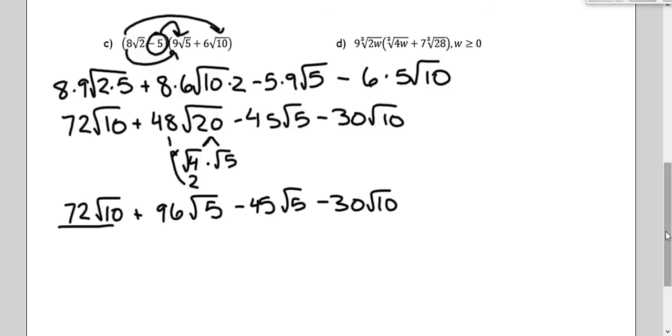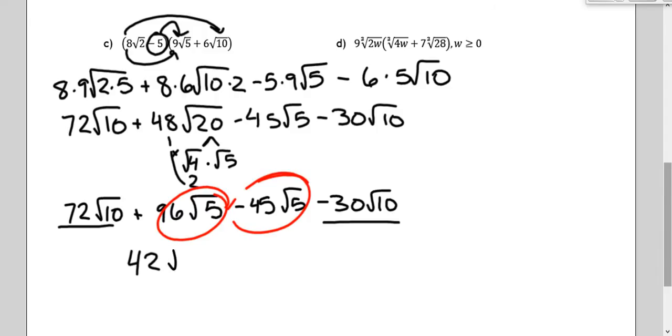So here and here we can combine, and here we can combine. So then that leaves us with 42 root 10 plus 51 root 5. So go slowly. Make sure everything gets written out and you know exactly where your train of thought is going.